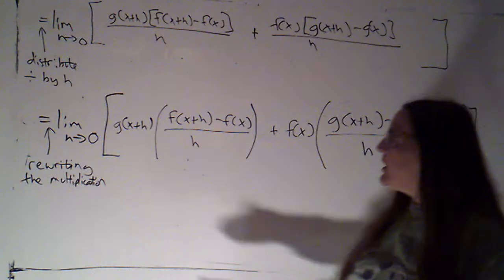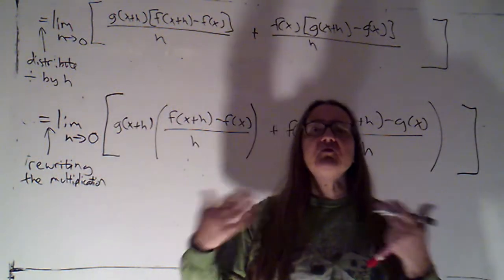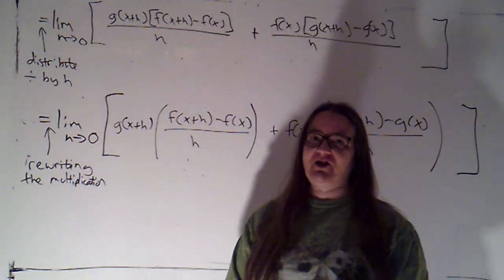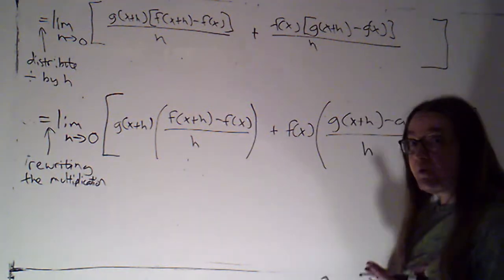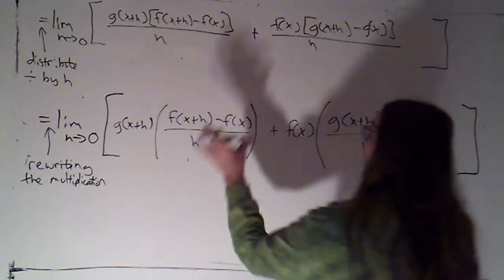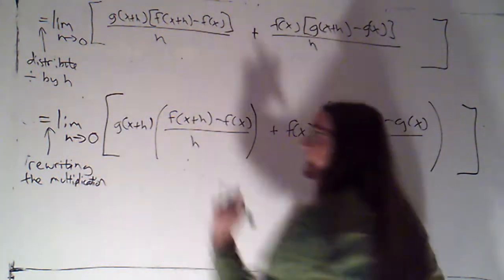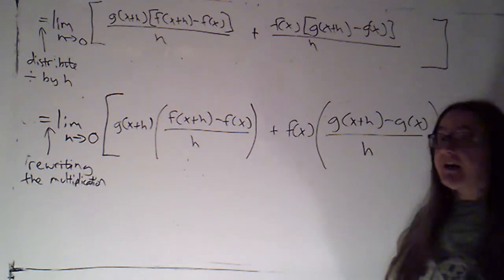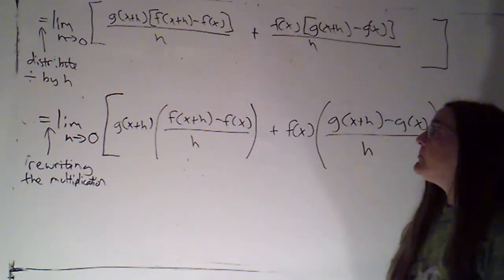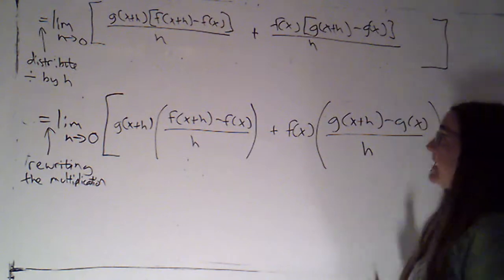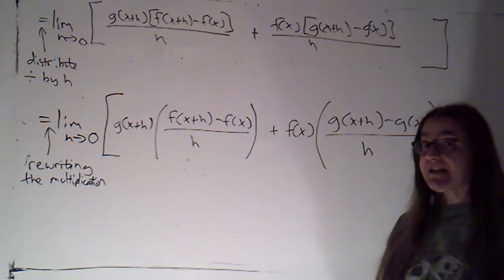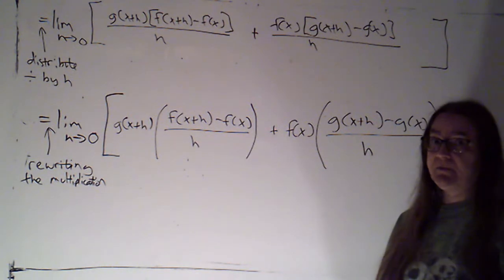But I know that limits commute with all the arithmetic operations. So I've got these rules that say, hey, right now we're doing the arithmetic and then taking one limit. But if these limits exist as finite numbers, then I can take the limits first and then do the arithmetic.